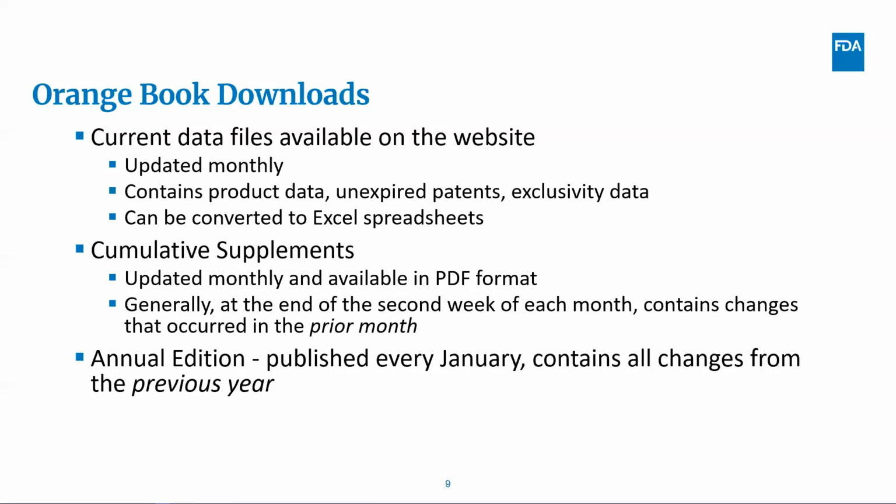This is in PDF format as well, which you can download, and it's published every January and contains all the changes from the previous year. So in this case, our latest edition was the 44th edition, which published in January, and it contained all the changes to the Orange Book that occurred in 2023.